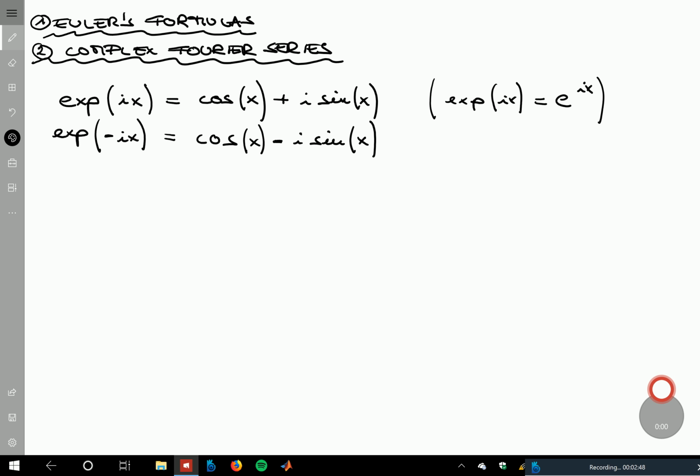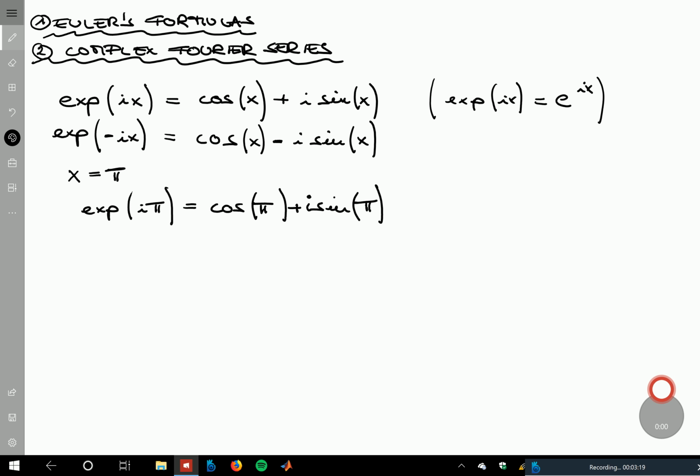One can also make it even more surprising if one, for example, chooses x equals pi. In this case, what we would get is e^(i pi) equals cosine of pi plus i sine pi.